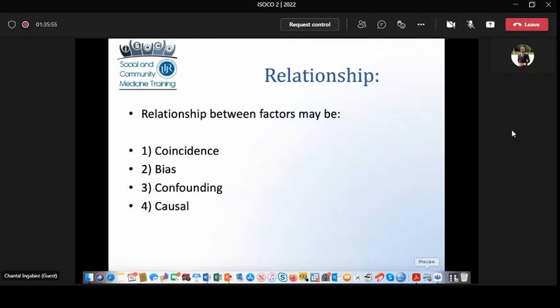I think when we talk about coincidence and bias, we understand what we mean. But what do we mean when we are talking about the confounding relationship? What do you understand by the confounding relationship in terms of exposure and outcome? Any contribution?